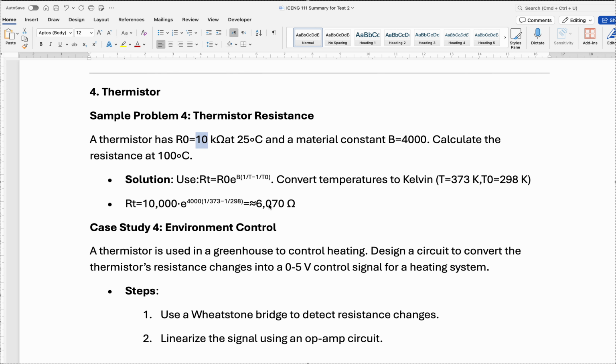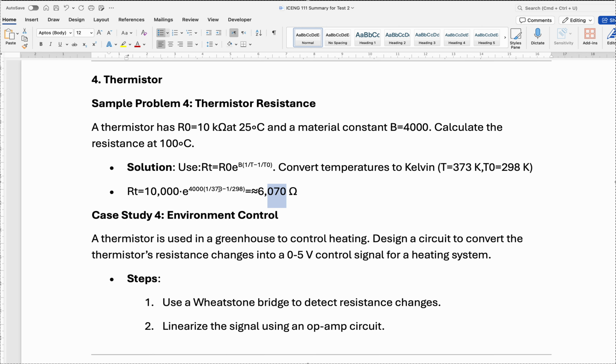So it was 10 kilo ohms and it became 6,000 ohms, which means that you can see it is multiplied by 600 times by changing the temperature from 25 to 100. So imagine how much the resistance increased because of the change in temperature.